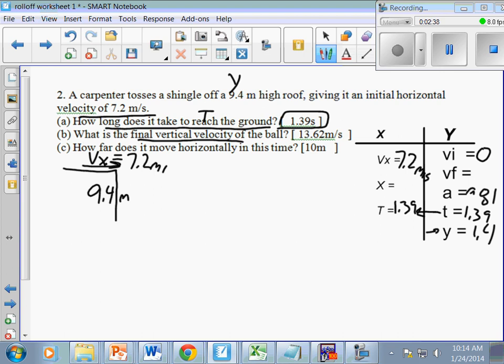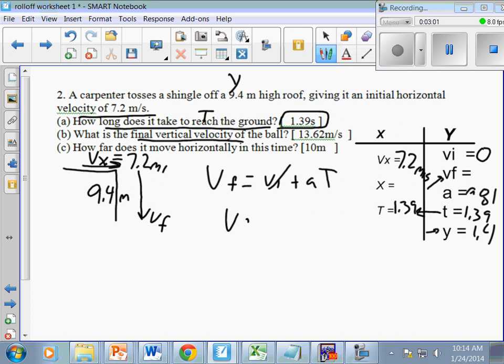They're saying when the ball rolls off the edge, or the shingle in this case, when it hits the ground, the final velocity before it hits the ground, that's a y component because it's vertical. So that's what we're going to solve for over here. The easiest one is VF equals VI plus AT. VI is 0, so it cancels out.